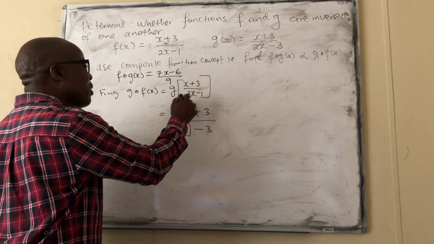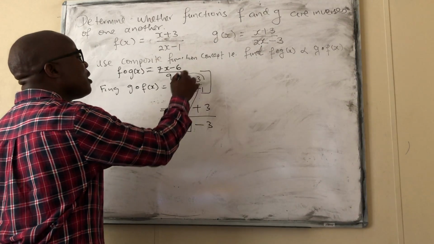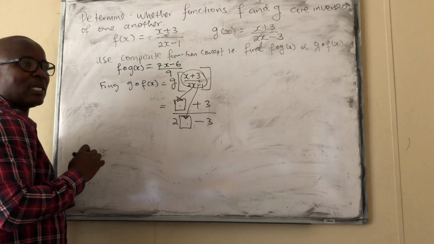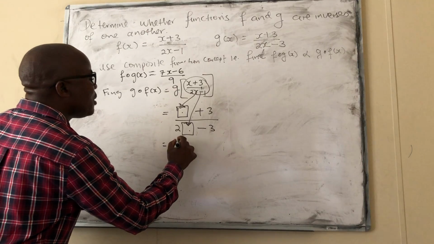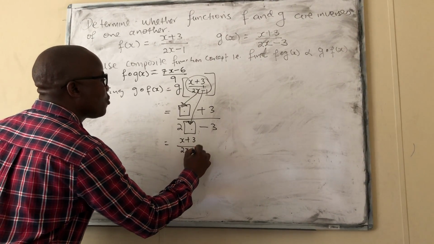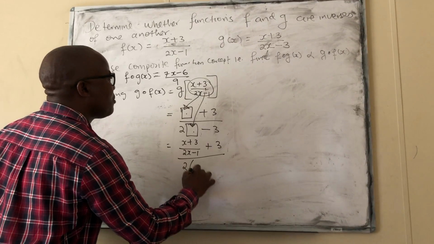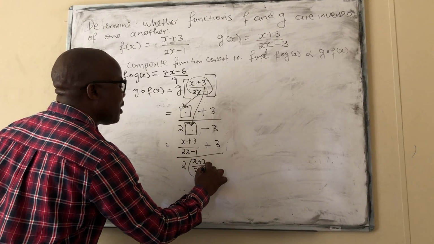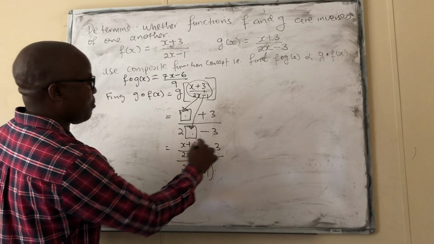So this one we are going to replace here, and this one we are going to put here. We put the whole of this here, and the whole of this here, and then we start doing the simplifications. So this will be (x + 3) over (2x - 1), plus 3, all over 2 times (x + 3) over (2x - 1), minus 3.